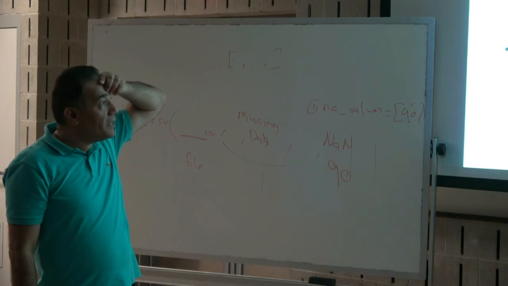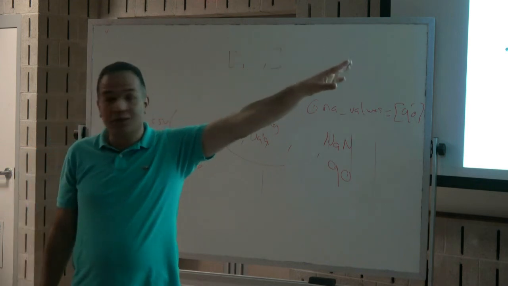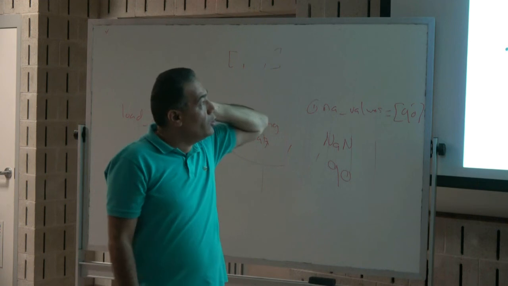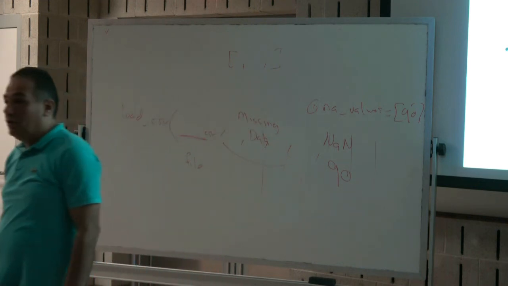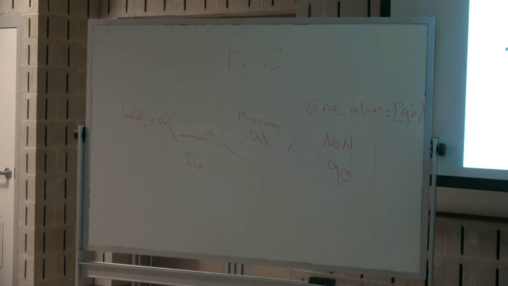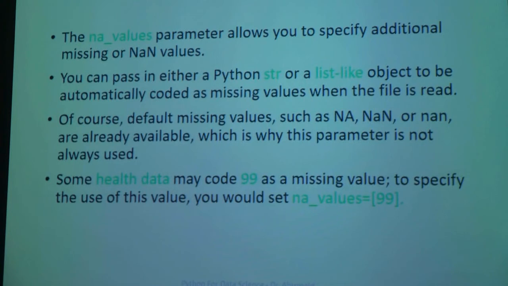So you can pass in either a Python string or list-like object to be automatically coded as missing values when the file is read. Whatever you put in that list, you are telling the loader that if it finds these values in your table, it should consider them as missing data.